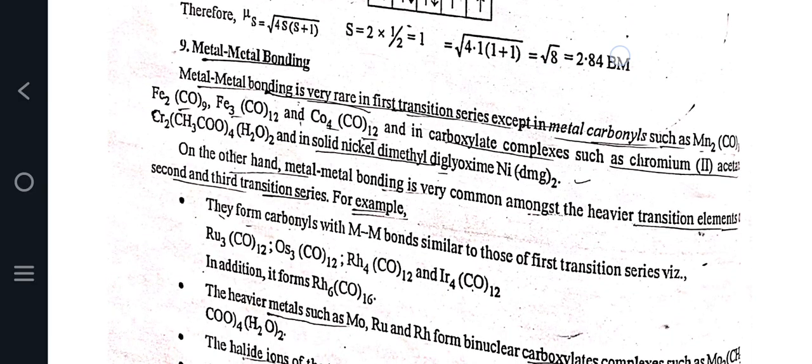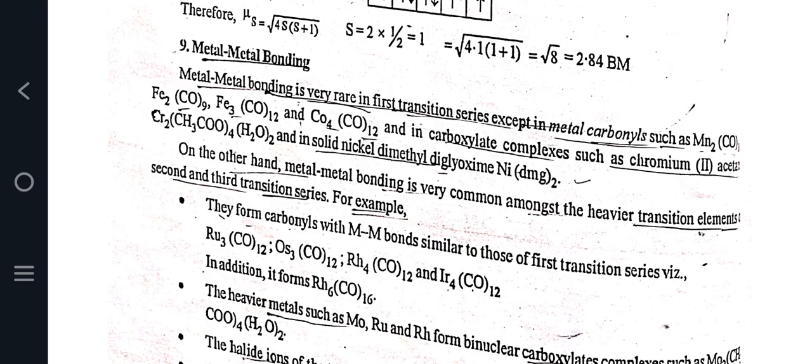Ninth, metal-metal bonding. Metal-metal bonding is very rare in the first transition series except in metal carbonyls such as Mn2(CO)10, Fe2(CO)9, Fe3(CO)12 and Co4(CO)12, and in carboxylate complexes such as chromium(II) acetate and solid nickel dimethylglyoximate.